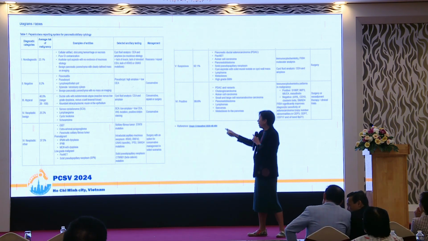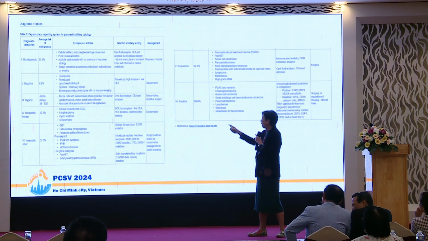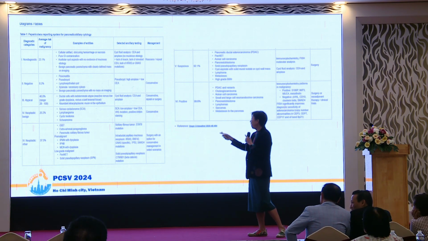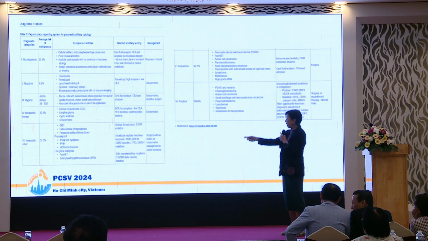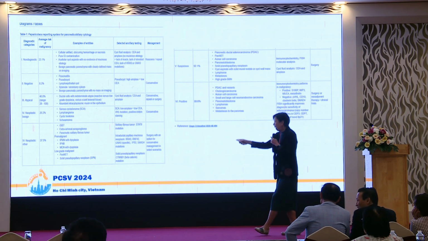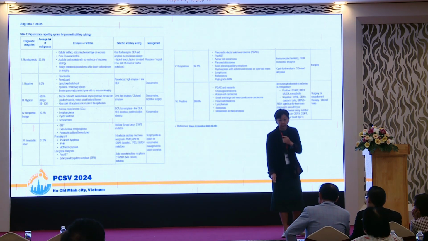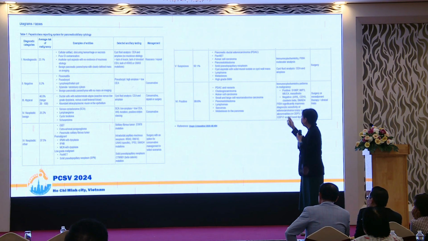And in the neoplastic, there was a difference between lymphangioma, schwannoma, benign neoplasm, and a neoplastic other. For instance, the IPMN or the mucinous cystic neoplasm. And please note, neuroendocrine tumors at that time. And then of course, suspicious and positive.